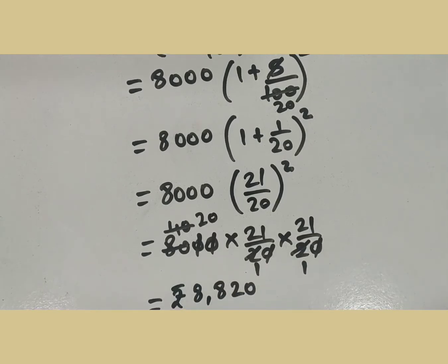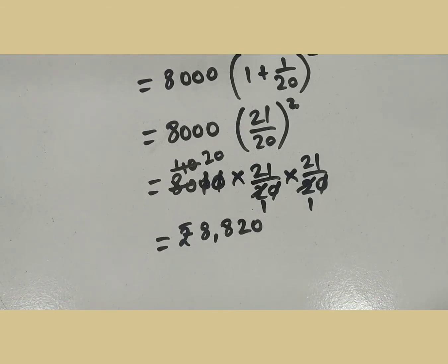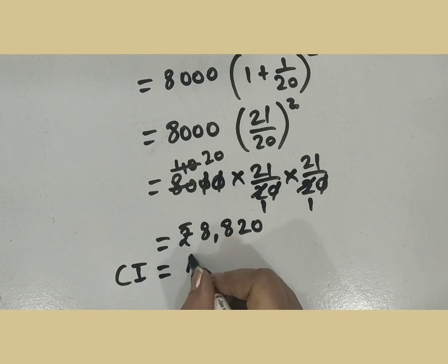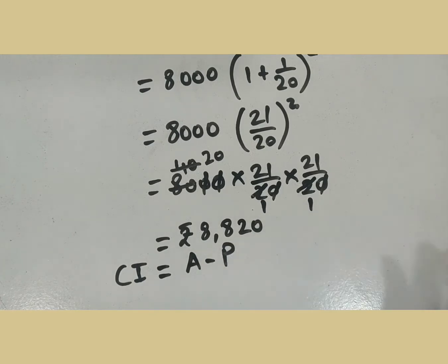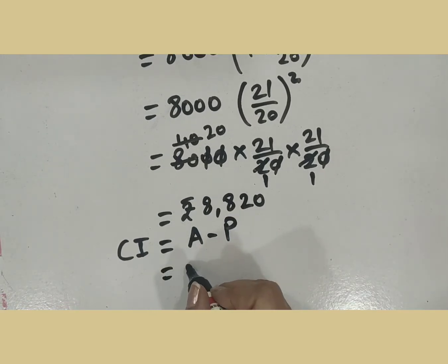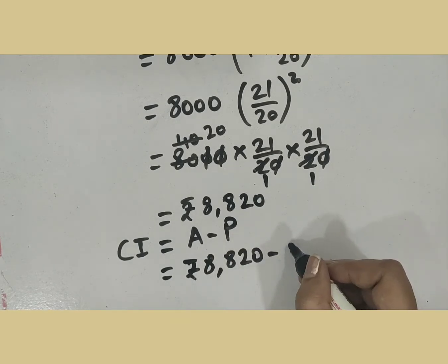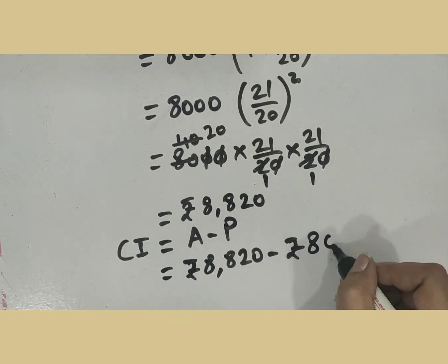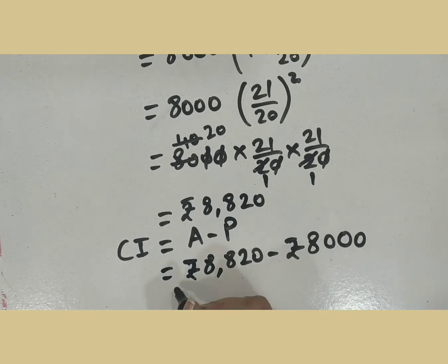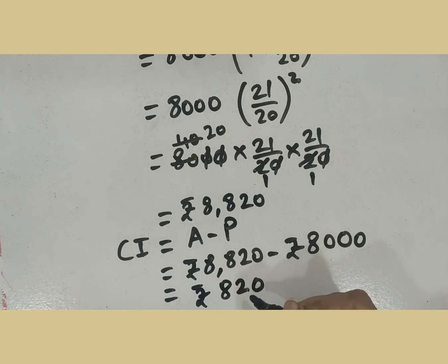This is my amount, but our question is to find the compound interest. So my compound interest is equal to amount minus principal. My amount is rupees 8820 minus my principal 8000. If I subtract, I will get rupees 820. That is the compound interest.